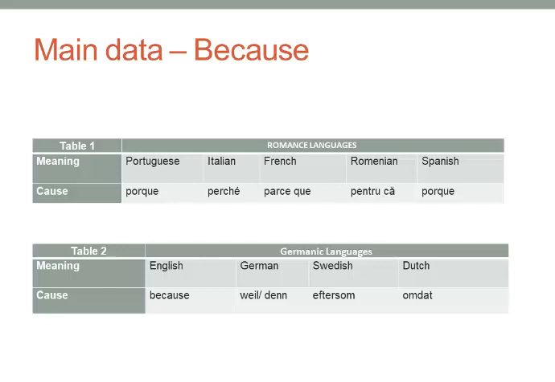In Germanic languages, of course, in English we have because, German weil or denn, depending on the structure, Swedish eftersom, Dutch omdat. We are not going to analyze the English sentence, nor Swedish, but we are going to focus our attention on the German and Dutch structures.